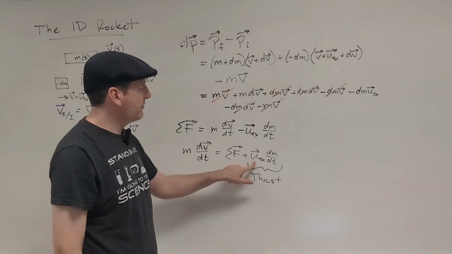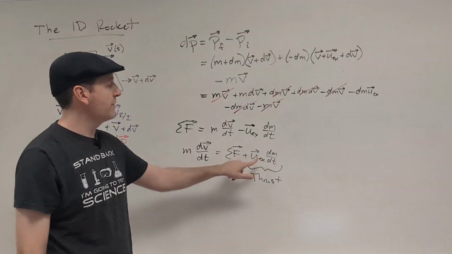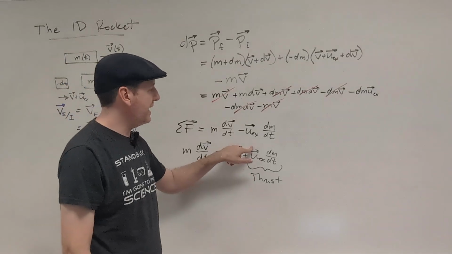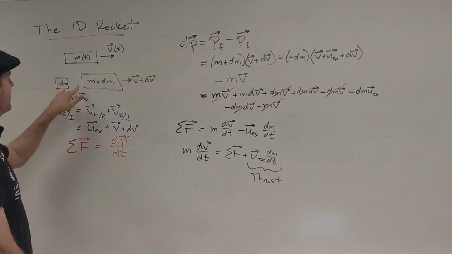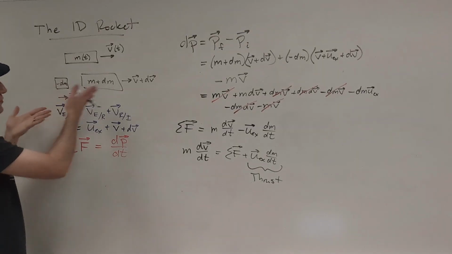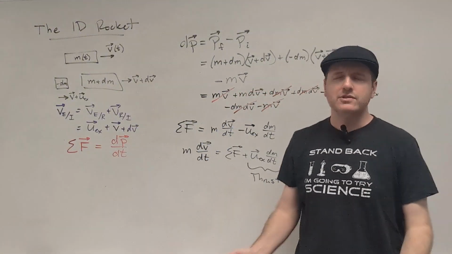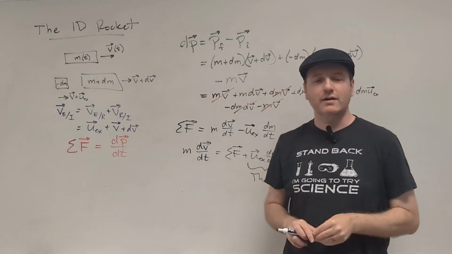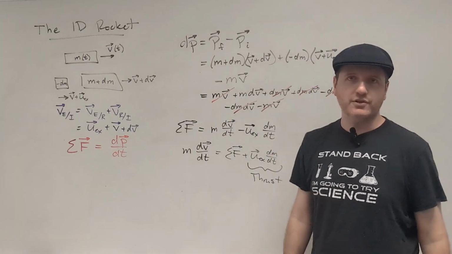We should be a little bit careful about the signs. I already mentioned dm/dt is a negative number here. This u exhaust vector is a vector quantity, and you might notice that over here, I kind of treated everything as moving to the right. And really, of course, the exhaust velocity in a normal rocketry problem, unless stuff is sticking to the rocket, is going to be opposite the direction of motion.